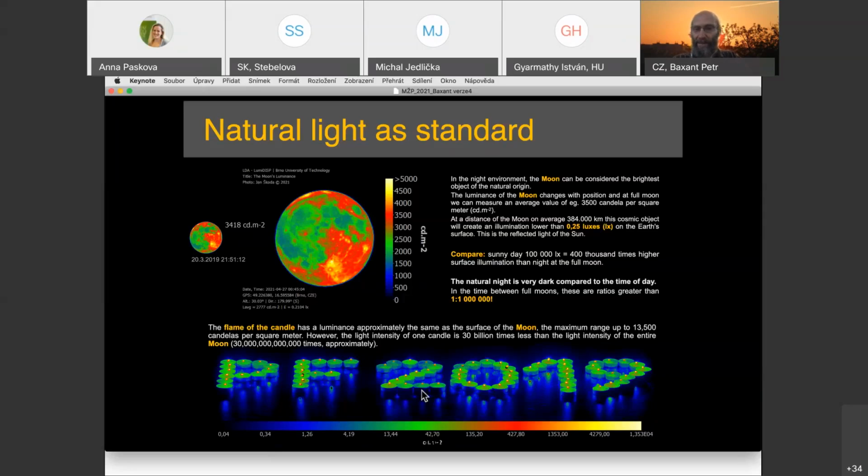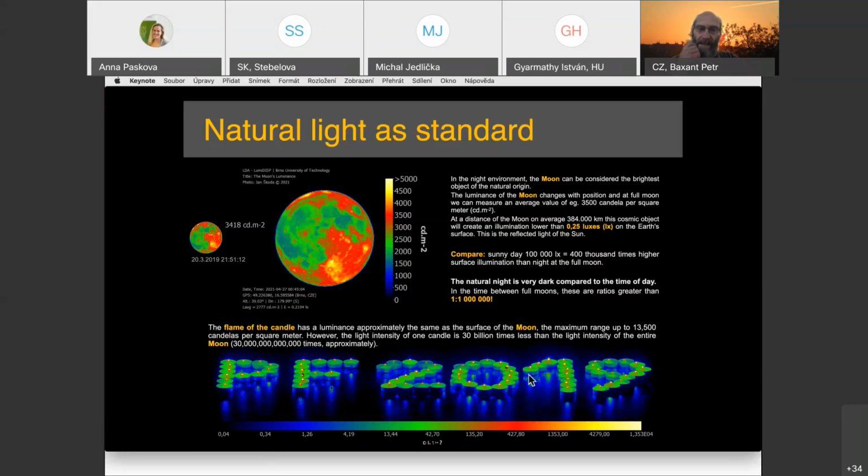In comparison, in the picture below there are small candles and flames of the candles, to compare in a similar scale of luminances how these small sources, also natural sources, just flame, with a similar spectrum and intensity compare to the moon.